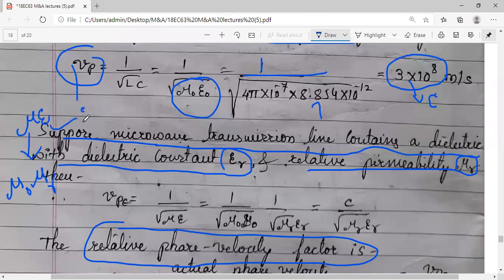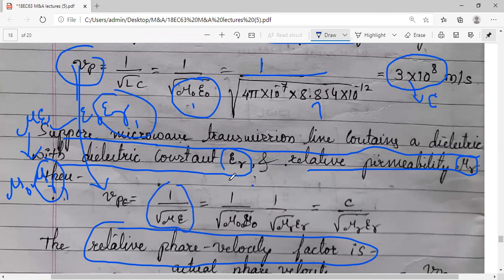Similarly, epsilon is epsilon naught into epsilon r. However, the relative permeability and relative permittivity values for air are 1. That's why it becomes mu naught into epsilon naught. But otherwise, in general, how can we write this velocity equation? Vp is 1 by root of mu into epsilon. So just separate out the terms, substitute the values, mu as mu naught into mu r, epsilon as epsilon naught into epsilon r.